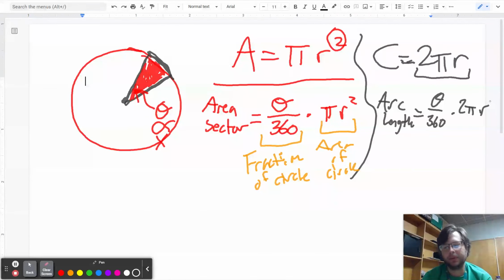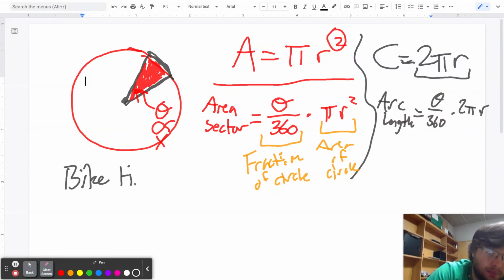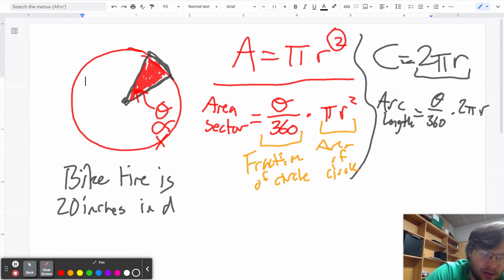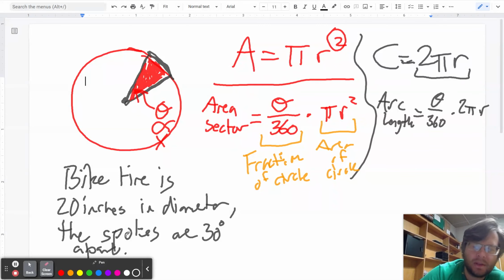As a quick example, let's say we have a bike tire, and the bike tire is 20 inches in diameter, and the spokes are 30 degrees apart. And then we want to find the sector area.